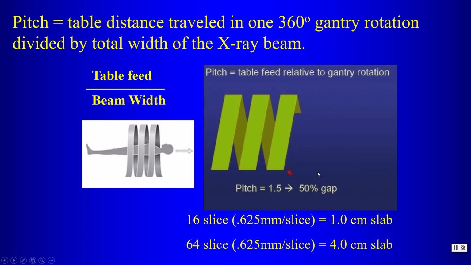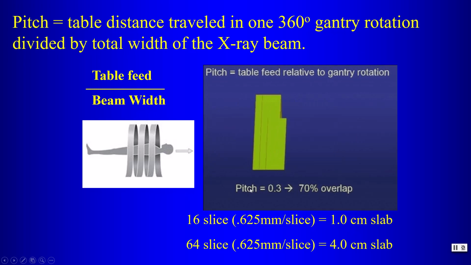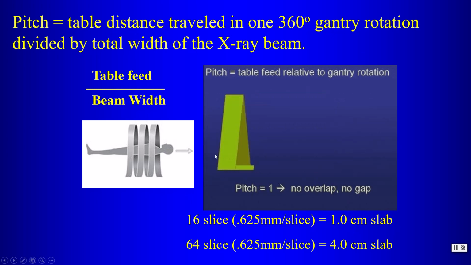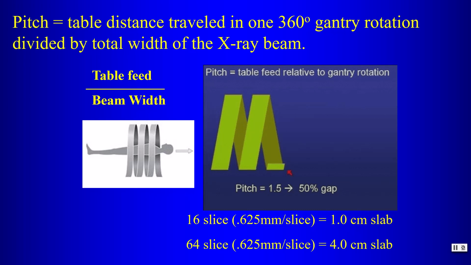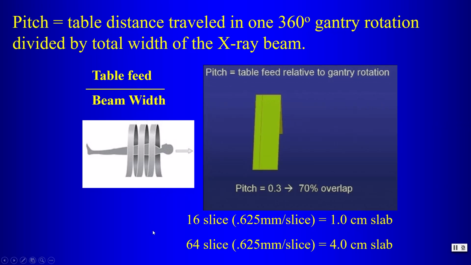If there is no overlap between those slabs, then your pitch is 1. If there is overlap between the slabs as the CT goes around, your pitch is less than 1. And if, as you see, there's some spacing between them, then your pitch is greater than 1.